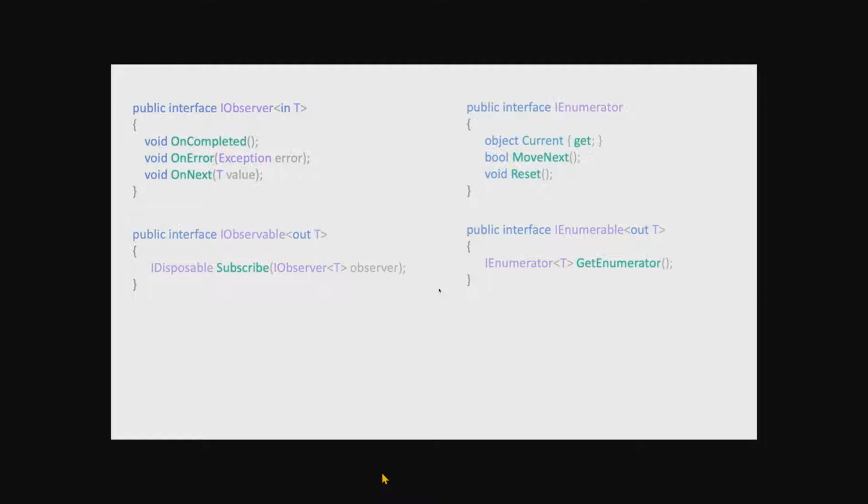You have OnCompleted, which is a notification that lets you know that there are no more elements coming on the list, and OnError. So if the list errors in the middle of processing, you'll be able to catch the error and handle it accordingly. And OnNext, where you can explicitly act on whatever the next value is on the list.